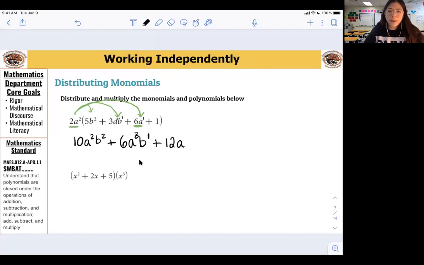So I have a to the power of 3. Good. A to the power of 3. And then finally, 2a squared times 1. Well, anything times 1, what happens? It's going to be that exact number. So I just have 2a squared.